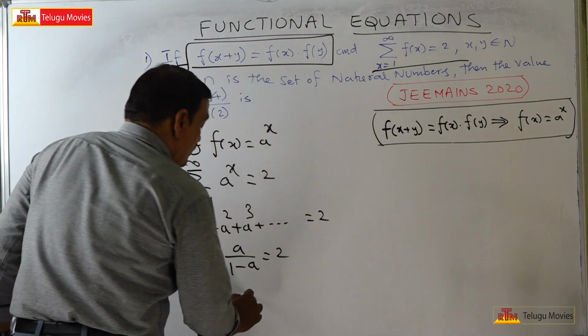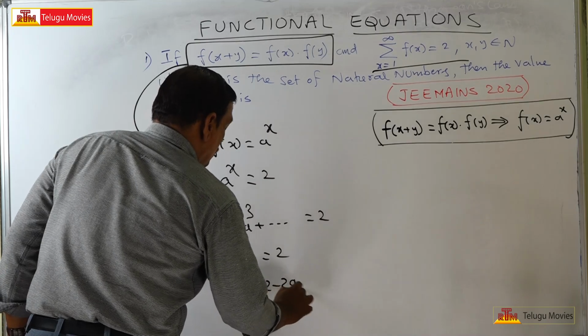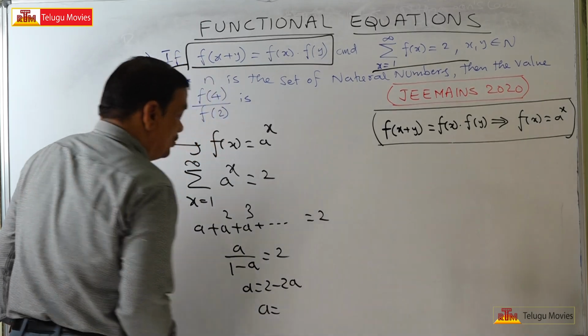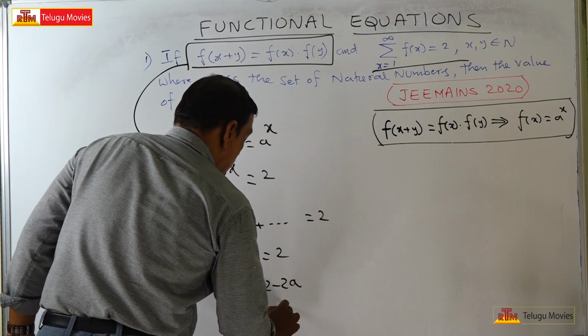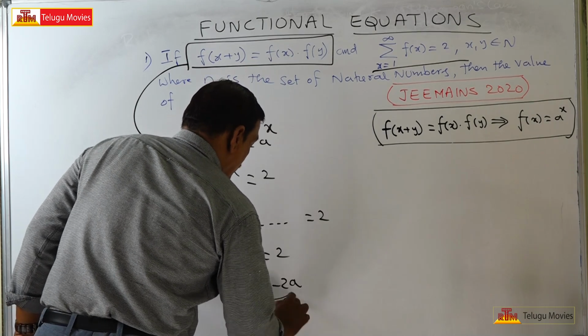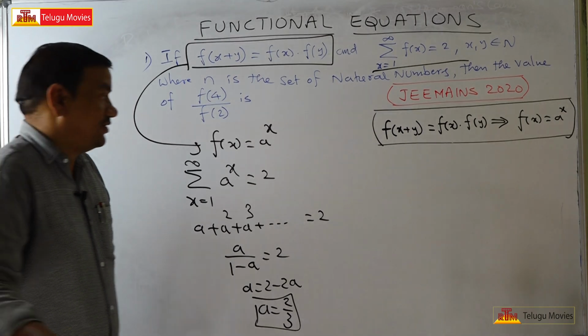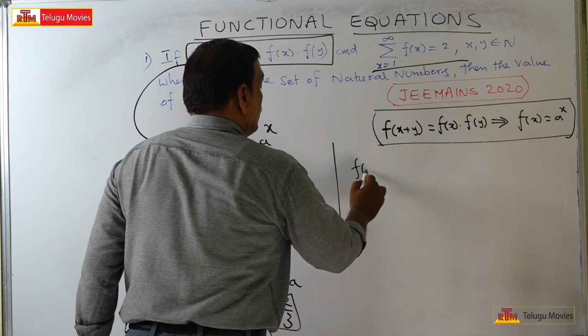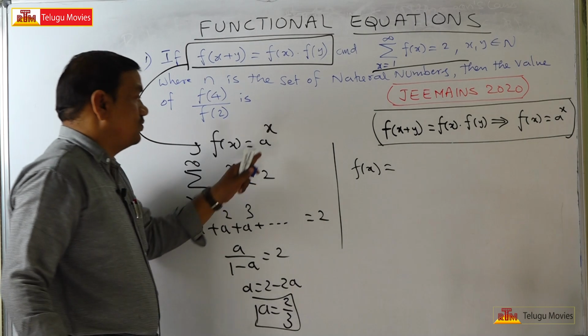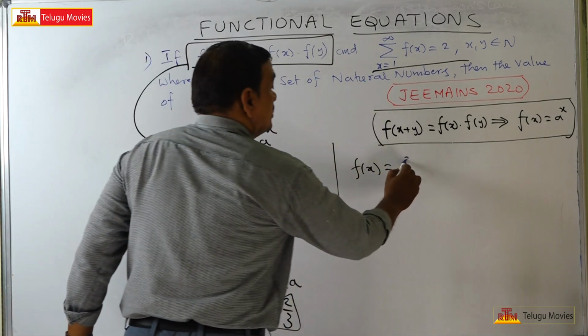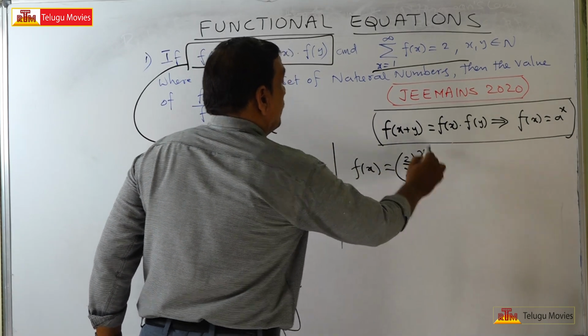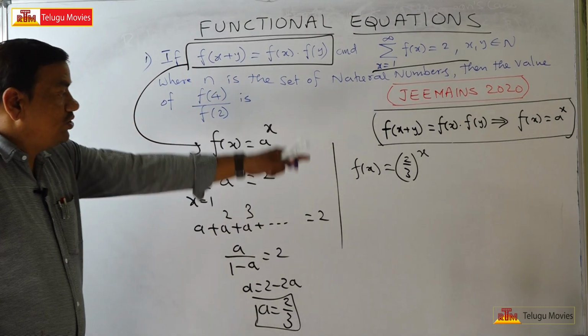Now if you find the value, a is equal to 2 minus 2a, therefore 3a is equal to 2, so a is 2 by 3. So your a value is 2 upon 3, right? What is ultimately your function? F of x is equal to a power x, that is 2 upon 3 whole power x. Over, you got your function.